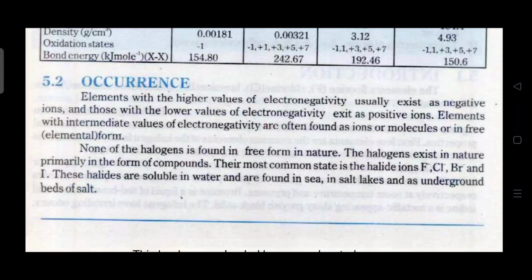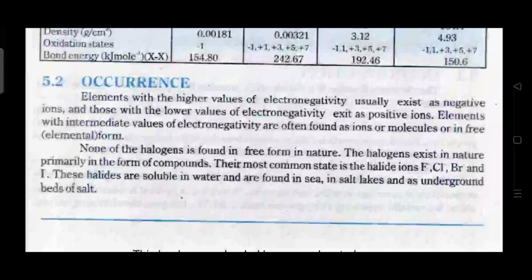Now let's talk about the occurrence of group 7A elements. As we know, the group 7A elements are very reactive nonmetals, so they are usually found in the form of compounds and in the combined state, because they rapidly react with other elements to form compounds.